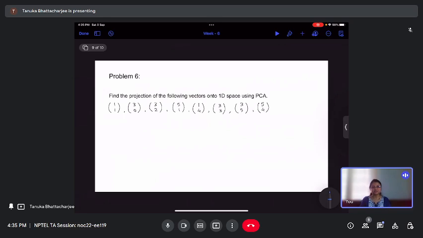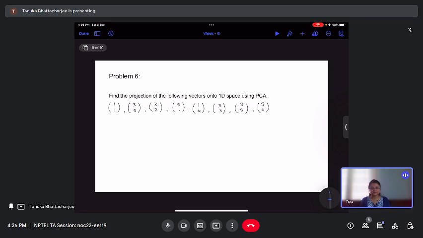Originally your data points are in the 2D space, and you will have to project them to 1D space using PCA. As you know, the direction along which you should project in PCA is the direction of the eigenvector corresponding to the largest eigenvalue of the covariance matrix of the data.